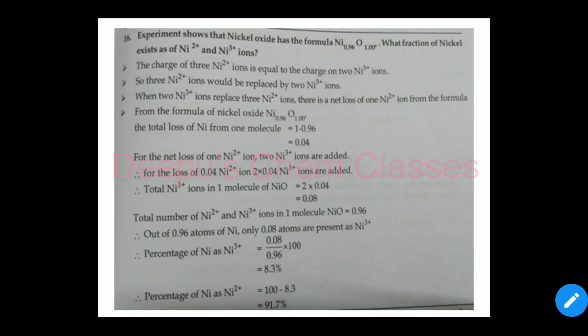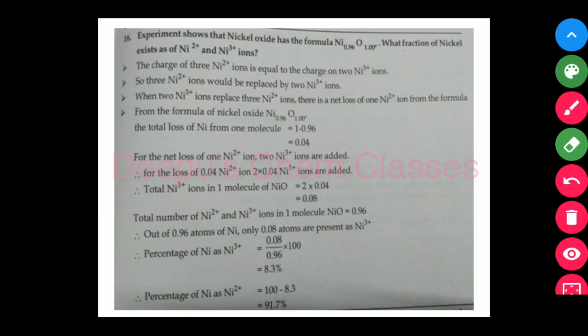According to the experimental determination, the formula for nickel oxide is given as Ni 0.96, O 1.00. So the question is by what percentage Ni2+ ion and Ni3+ ion are present in the compound. Okay, so let us see.